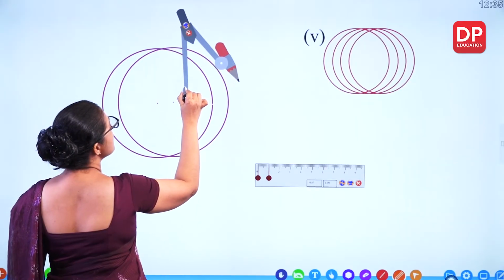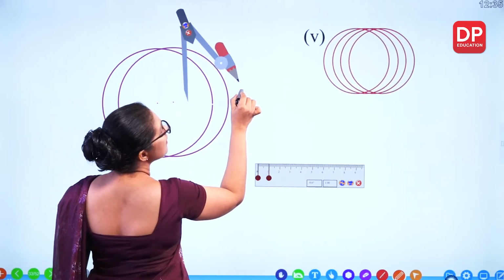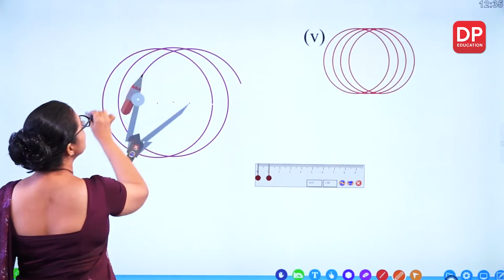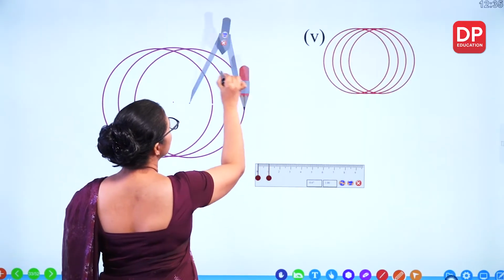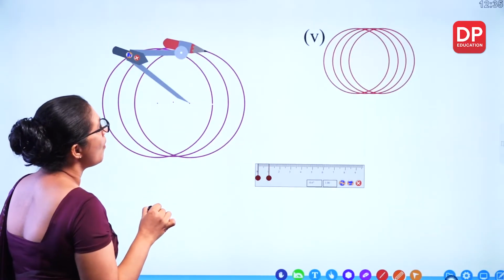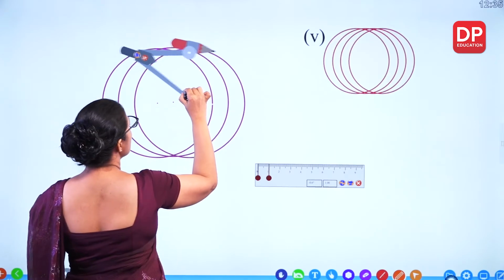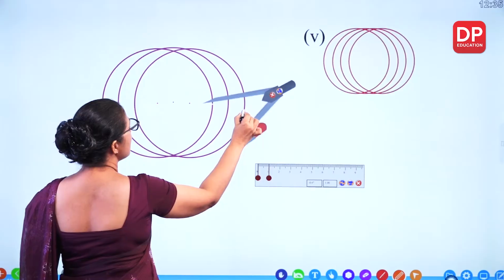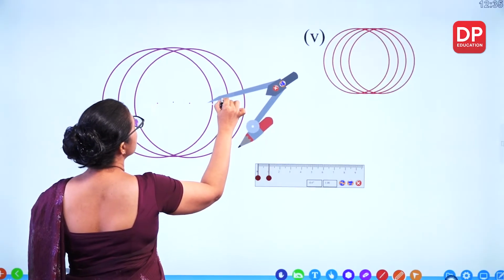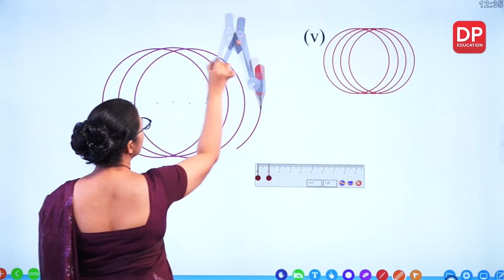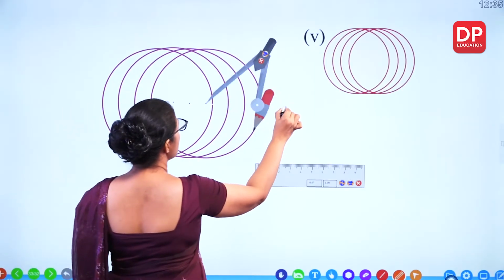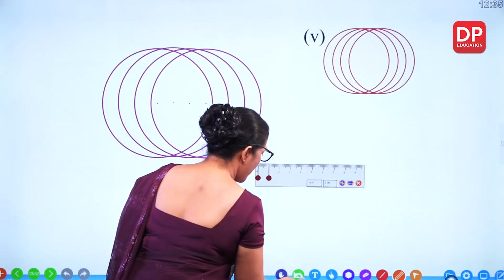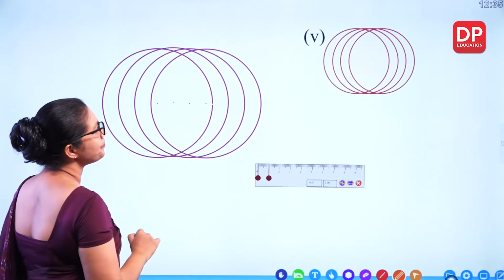Move slightly towards this side. Draw the other circle. So we need one more. Move towards this side and draw the other circle. So you get this diagram. After that, you can erase these points.